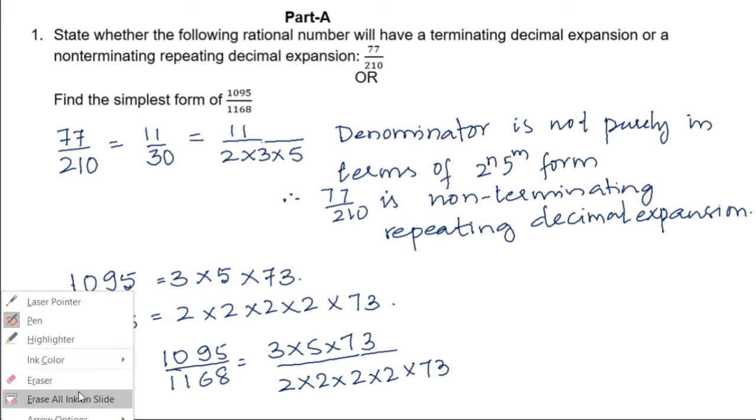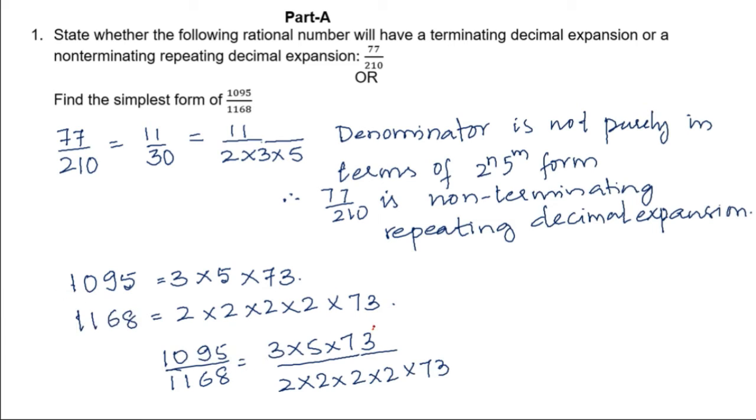Here the 73 will get cancelled and we will be getting 5 3 times 15 upon 2 raised to the power 4, which is 16. 15 by 16 is the simplest form. This is how you can answer the question precisely.